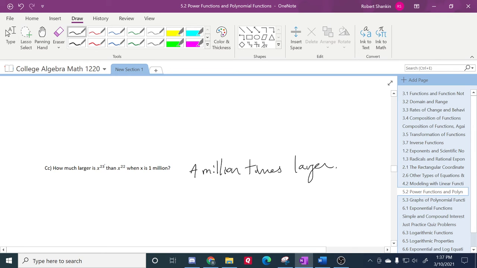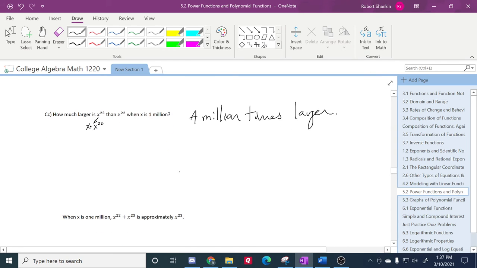And x to the 23 is 1 with more than 100 zeros too, but it's got 6 more zeros than this one has. That's the big thing. It's got an extra x in it. It's x times x to the 22. And since x is 1,000,000, it's 1,000,000 times larger.